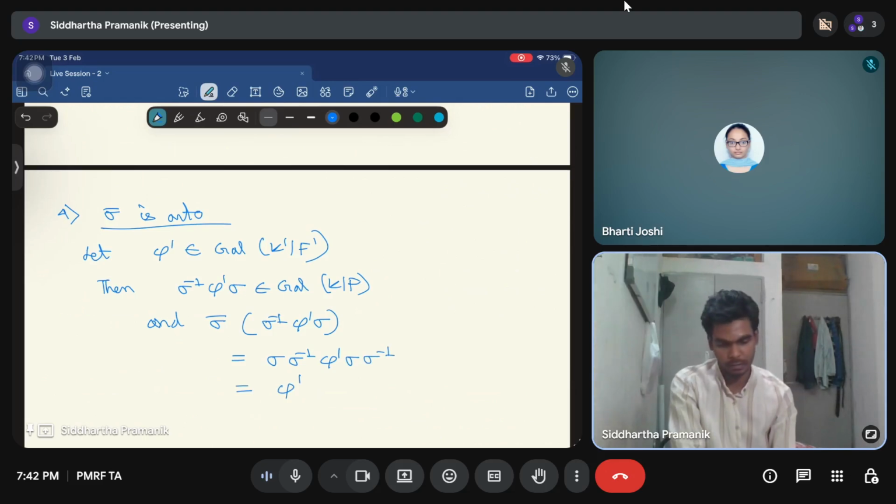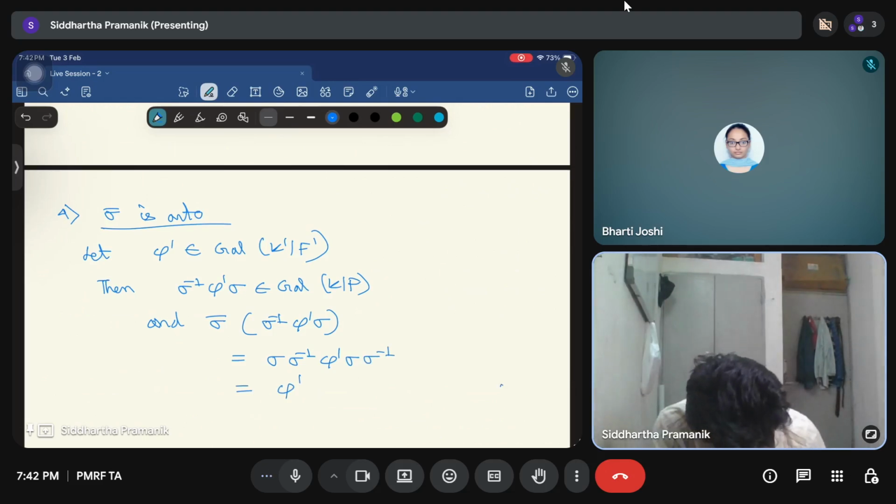So this is the pre-image. So this is onto. Hence the Galois groups are isomorphic. So this completes the proof.